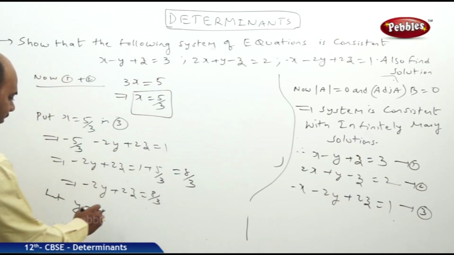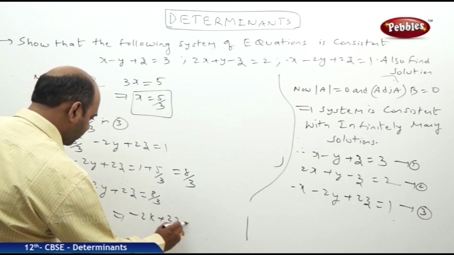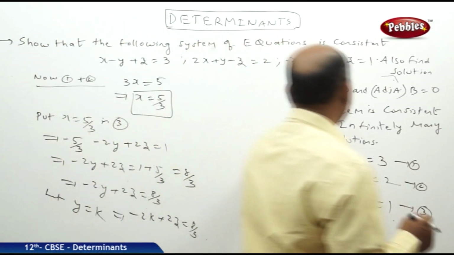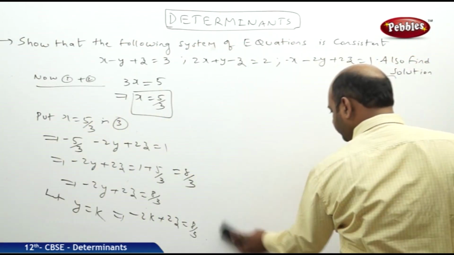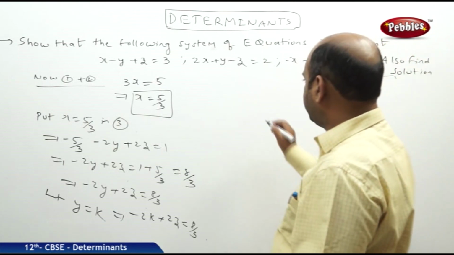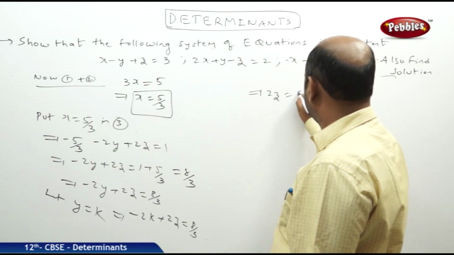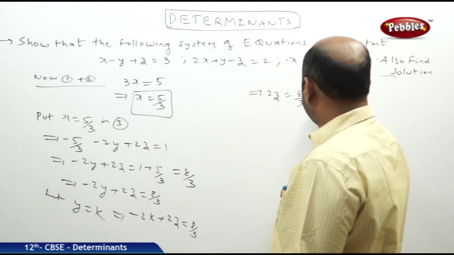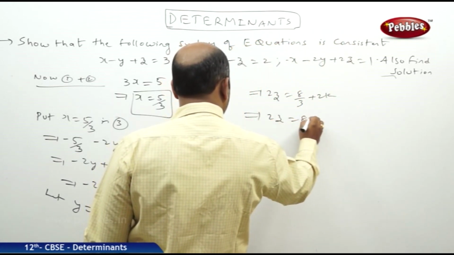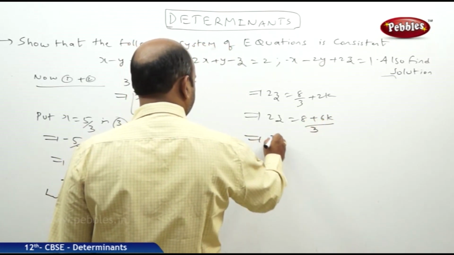If I keep y is equal to k, minus 2k plus 2z equal to 8 by 3. That implies 2z is equal to 8 by 3 plus 2k, that is 2z is equal to 8 plus 6k by 3.